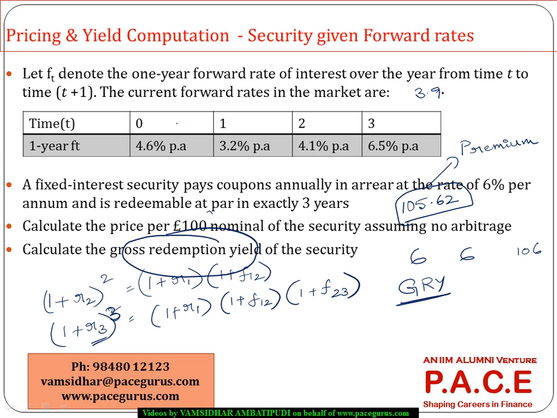If I want to find the overall yield for my investment, I can directly find the IRR of the investment, which tells me that in this case 3.97% is the IRR, or the gross redemption yield. So you should be comfortable computing the pricing as well as the gross redemption yield in case the information about the spot rates or the forward rates is available to you. All right.